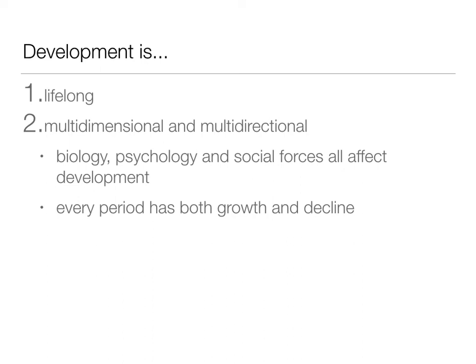Eventually they'll learn that it's an irregular verb, and they'll start using it correctly again. So again, we have this growth and decline, and these multidirectional changes in each domain. With physical development, we saw that step, that U shape. With language development, we saw those same growth and decline periods in applying irregular verbs.